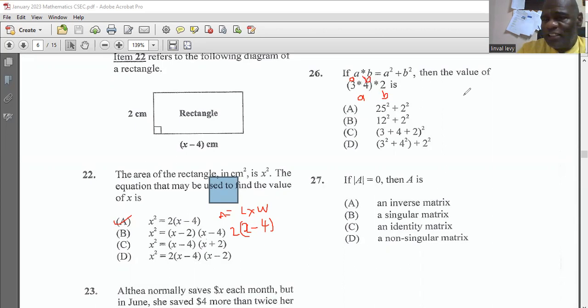So A, let's say, is, all we're doing is substituting the values here in the bracket for the ones up here, because they say A star B is equal to A squared plus B squared.